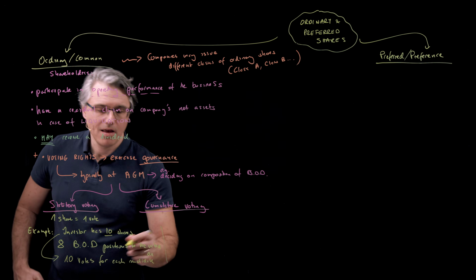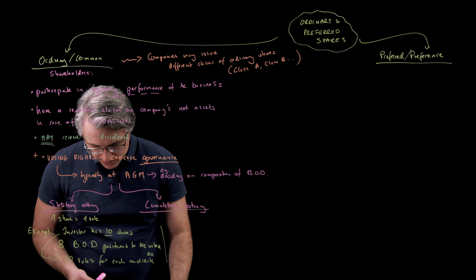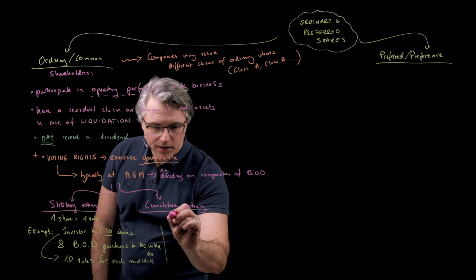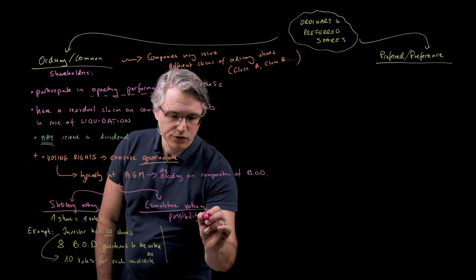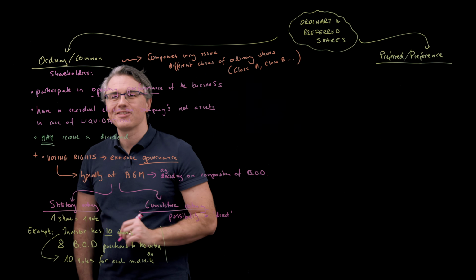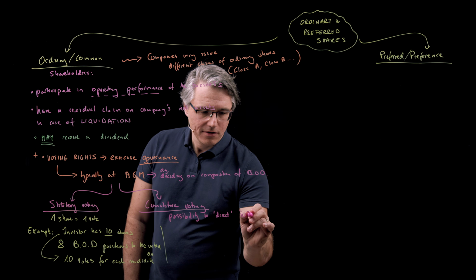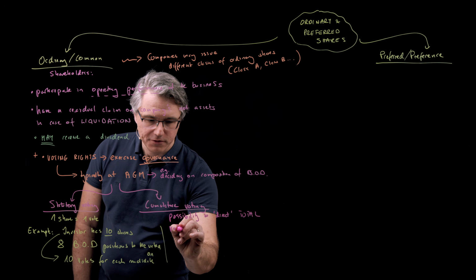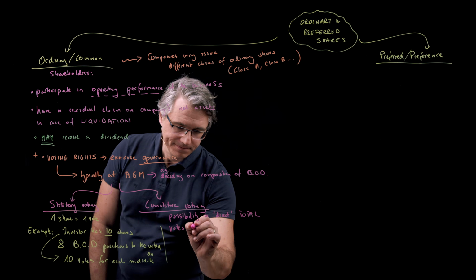However, under this notion of cumulative voting, what's going to happen is it gives you the possibility, as your curriculum says, to direct, that's the actual phrase used in the curriculum, your cumulative votes, your total votes, to just one candidate, to a specific candidate.